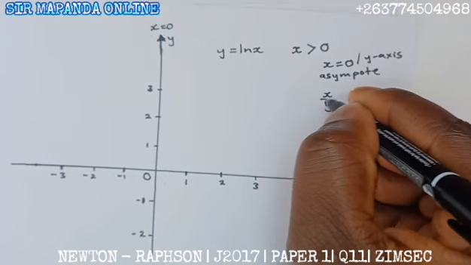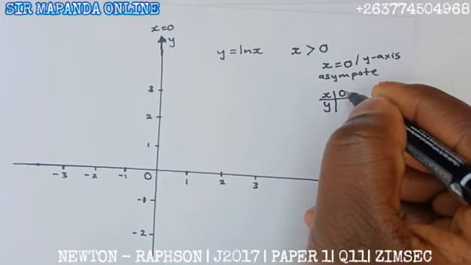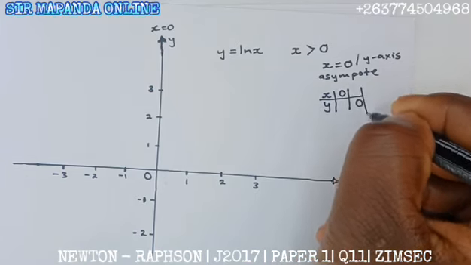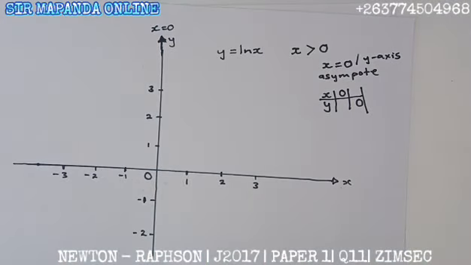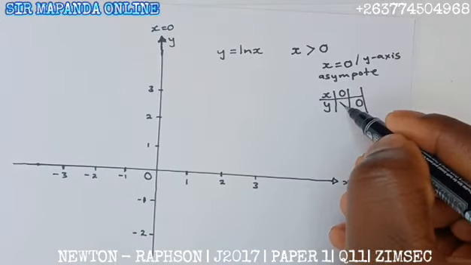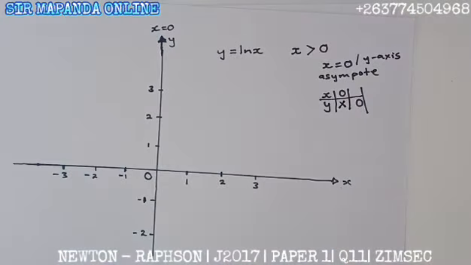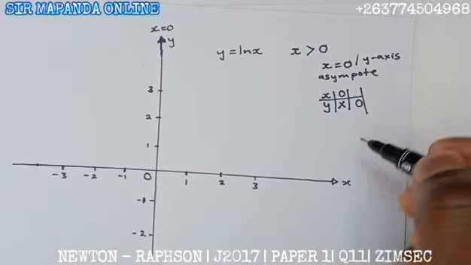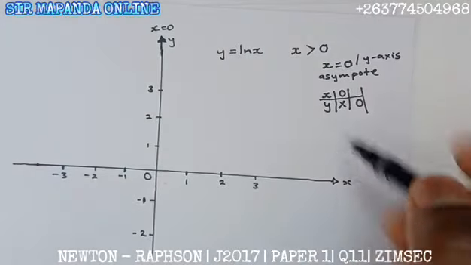So you prepare a table of values, something like this. You need to find the value of y when x is 0 and the value of x when y is 0. Right, so if we put 0 on x, you get ln 0. ln 0 is invalid. That's why x is equal to 0 is the asymptote. But let us identify the value of x when y is 0. So I'm going to put 0 on y.